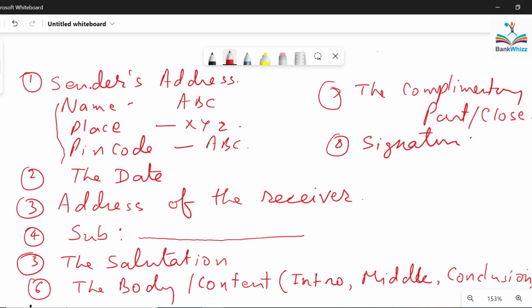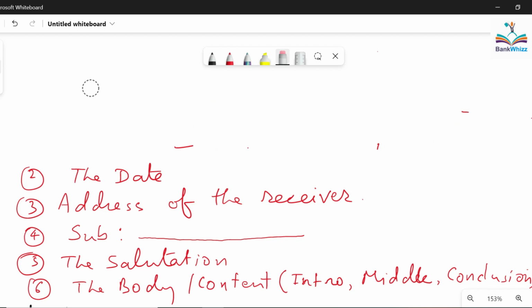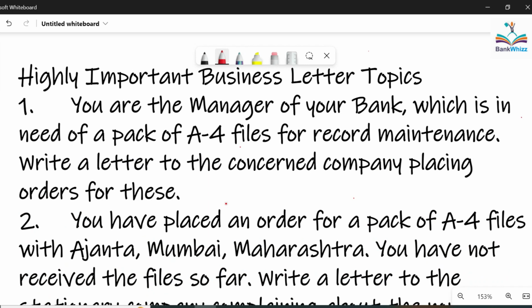Okay, now friend, let us come to know of all those highly important business letters for such exams. Friend, the first letter topic is: you are the manager of your bank, which is in need of a pack of A4 files for record maintenance. Write a letter to the concerned company placing orders for these.